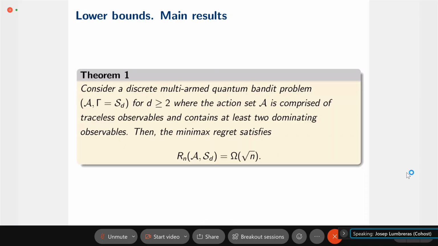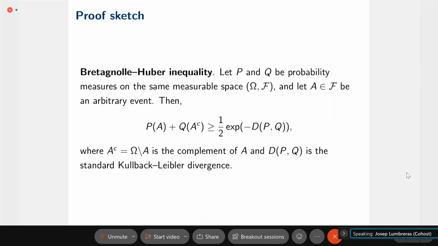Now I will give a very brief sketch of how we prove these lower bounds, just for this case. Every case has some specific calculation, but you can go to the paper to see this. So I will give just an idea.